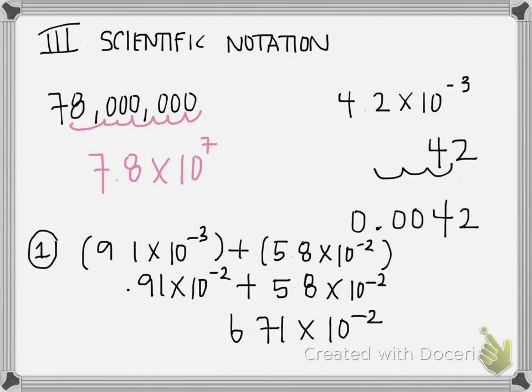When you multiply scientific notations, you will multiply the numbers and then you will add your exponents. So let's take this one here.